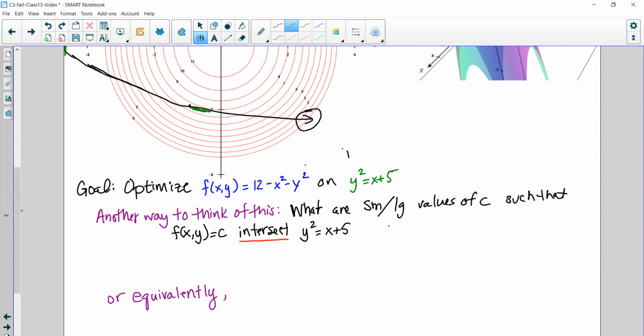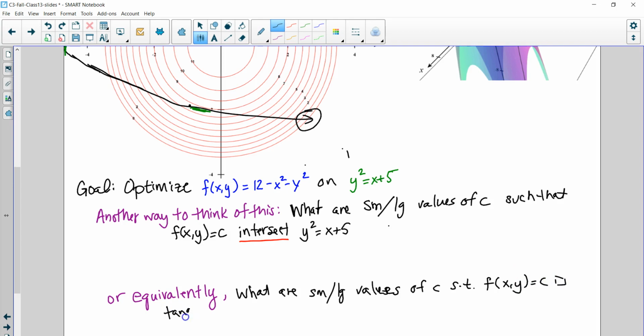So another way of saying this is: what are the smallest or largest values of c such that f of x, y equals c is tangent to y squared is equal to x plus 5?